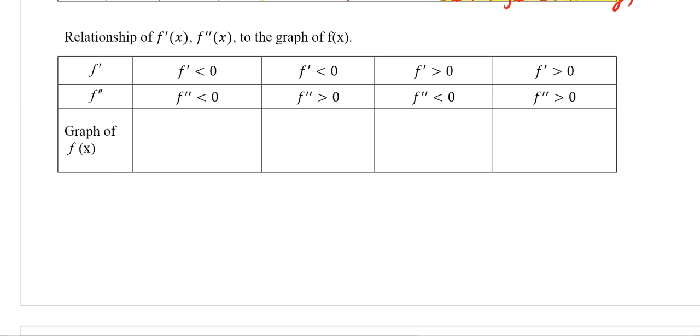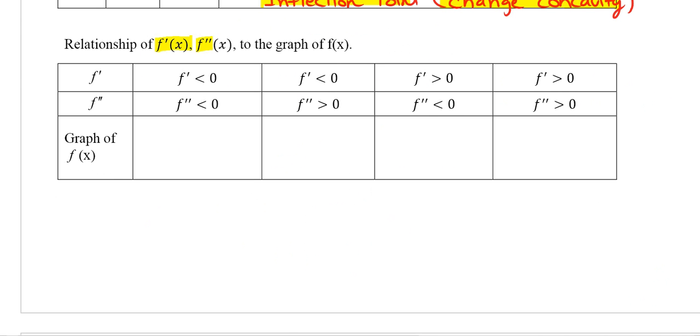All right, so before I move on, I want to show you the relationship between f prime of x and f double prime of x in correspondence to the original graph f of x. If I look at this box right here, this means the second derivative is negative, so I'm looking at a concave down situation. And over here, my second derivative is positive, so I'm looking at a concave up situation.